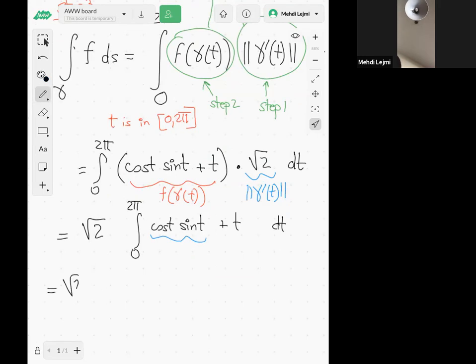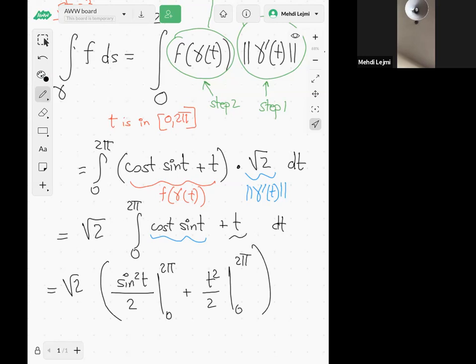just the square root of 2 times sine squared of t over 2, from 0 to 2 pi, and then plus the integral of t, which is of course t squared over 2, from 0 to 2 pi. Anyway, sine of 2 pi is 0, sine of 0 is 0.